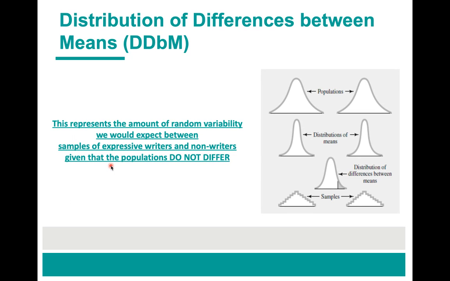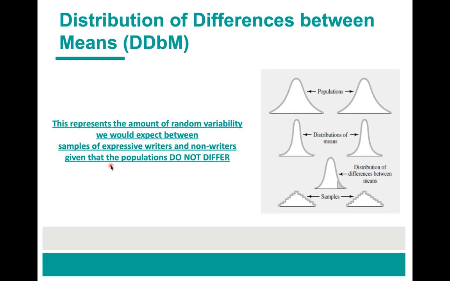That's what our t-test does. The numerator says how much difference did we observe. The denominator says how much difference would we expect randomly. Because to claim that the groups do differ, their difference needs to be above and beyond the difference that we expect to occur because of random fluctuations.